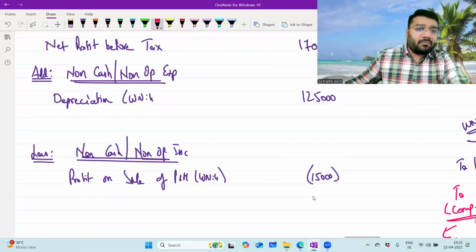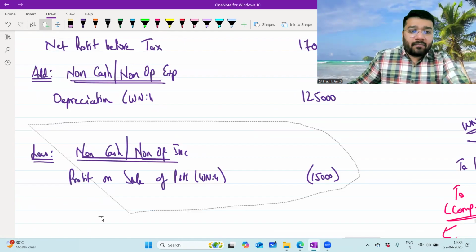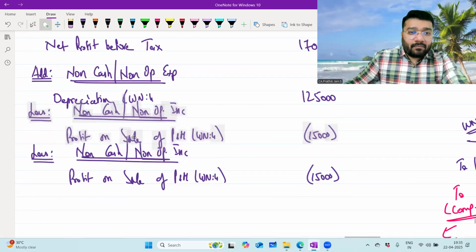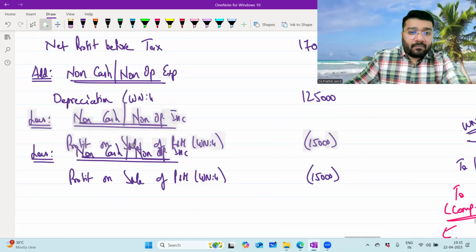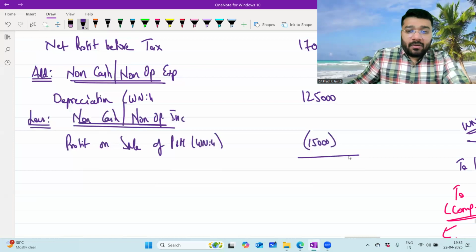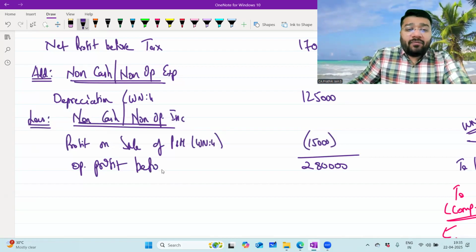Operating. Total is 2,80,000. 2 lakh 80,000. What is this called? Operating profit before working capital changes.